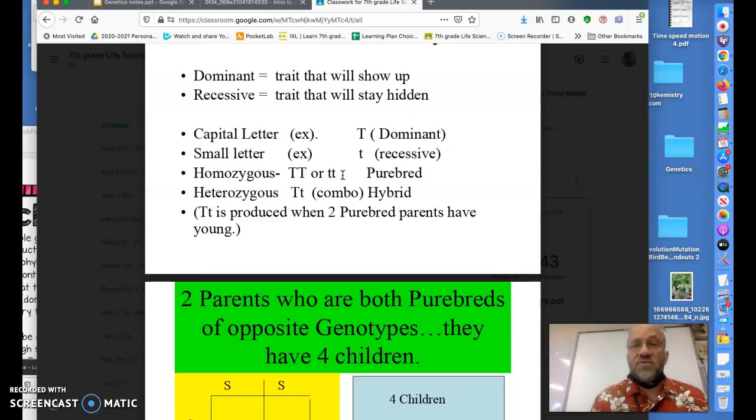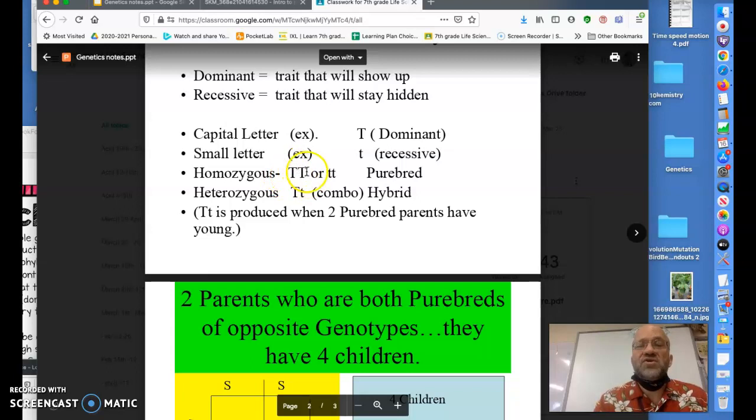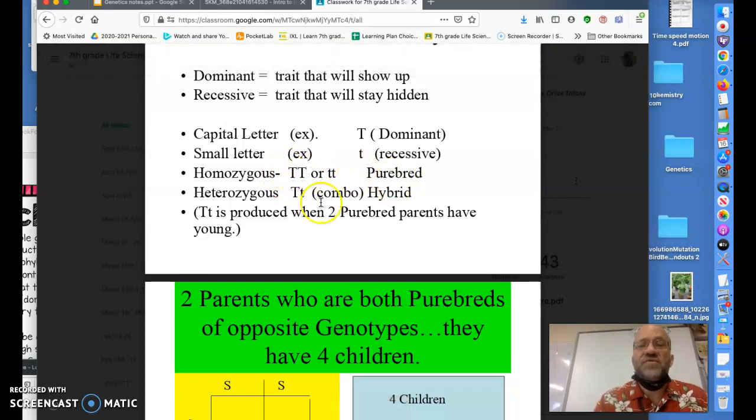It could be tongue rolling. Can you roll your tongue? Okay, well, either being able to roll your tongue or not being able to roll your tongue, one of them is dominant, one of them is recessive. If your father or mother can do the tongue rolling or one of them can't, it would then determine whether you can do it.